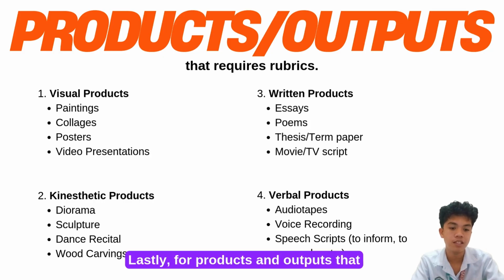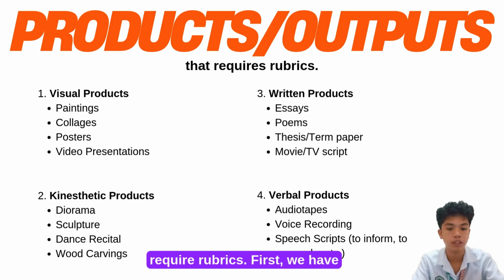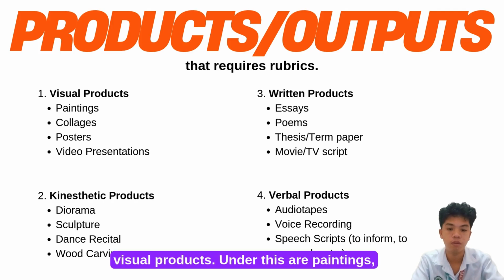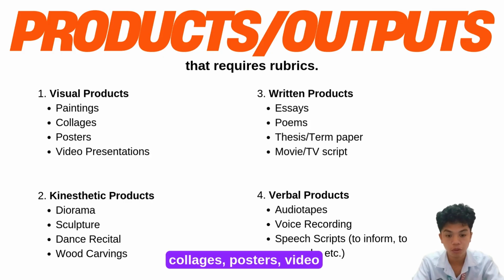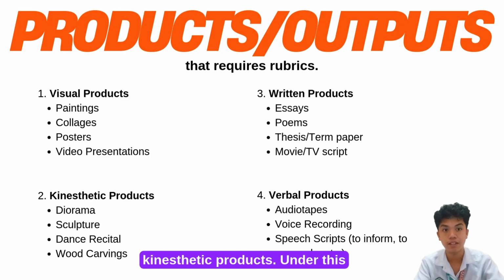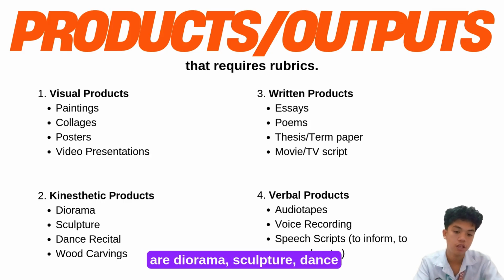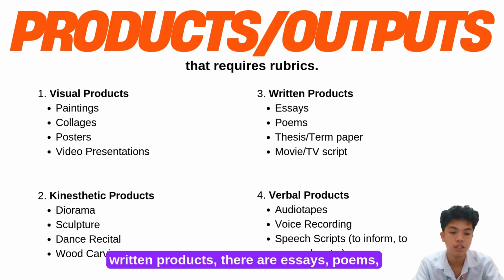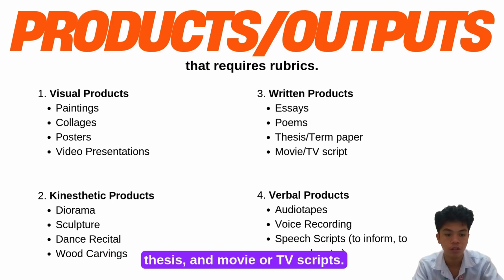Lastly, for products and outputs that require rubrics. First, we have visual products. Under these are paintings, collages, posters, video presentations. Second one is for kinesthetic products. Under these are diorama, sculpture, dance recital, wood carvings, and for written products, there are essays, poems, thesis, and movie or TV scripts.